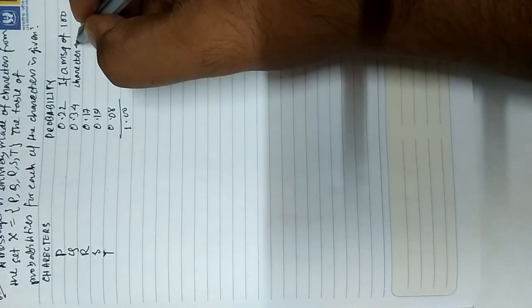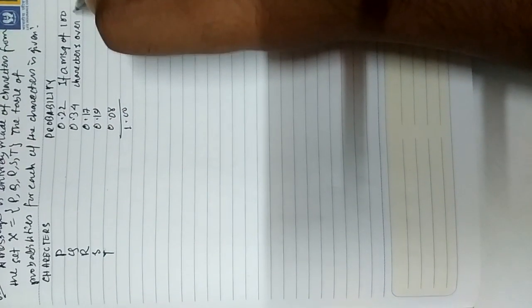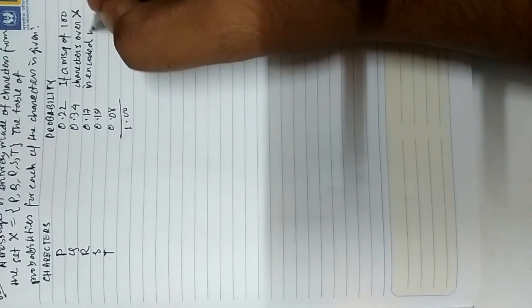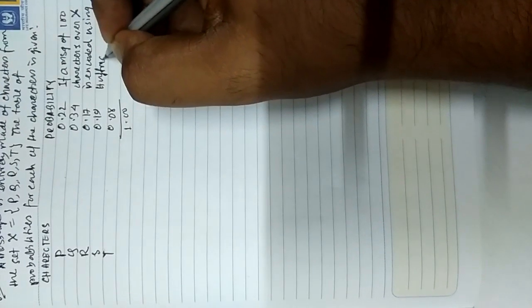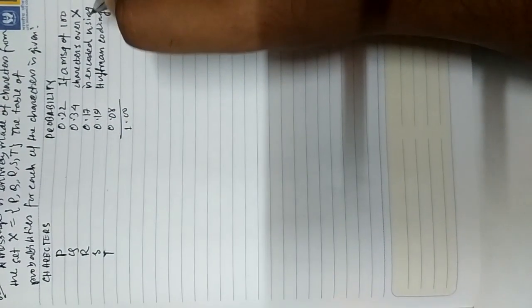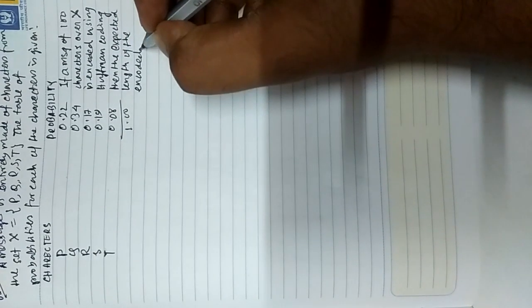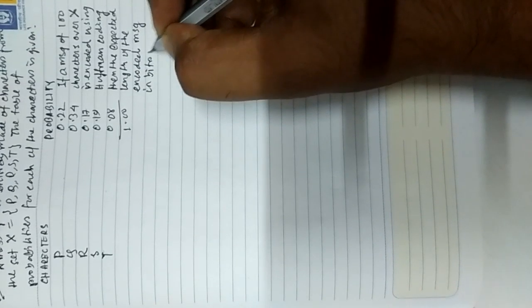It is given that if a message of 100 characters over X is encoded using Huffman coding, then the expected length of the encoded message in bits is what we have to calculate.